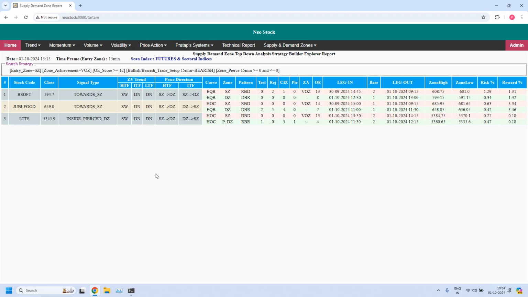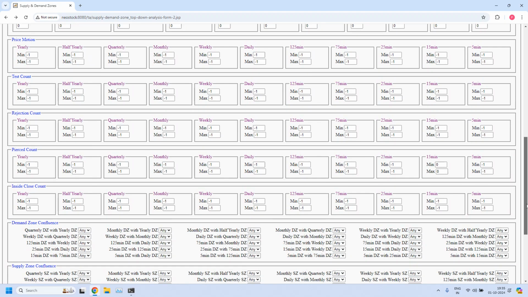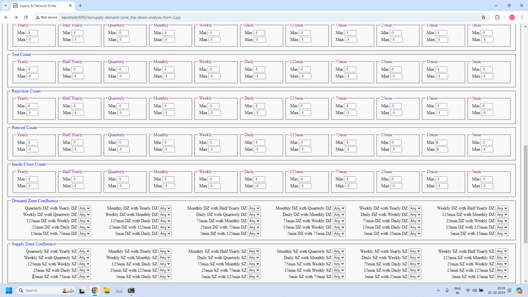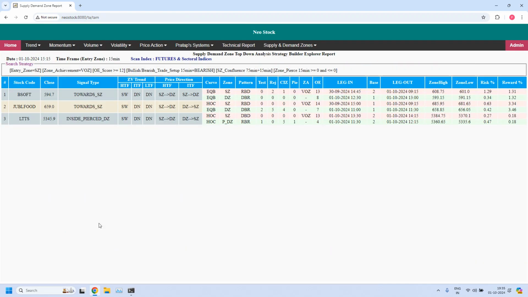All the 3 stocks are supporting bearish trade setup for daily income trade. Now let's verify out of these 3 how many are having ITF confluence. That means 15 minutes supply zone with 75 minutes supply zone confluence. So I am enabling the filter 15 minute supply zone with 75 minute supply zone. Let's verify how many will filter. All the 3 are filtered.